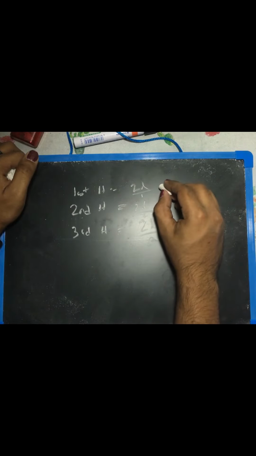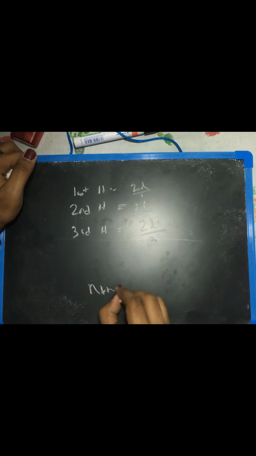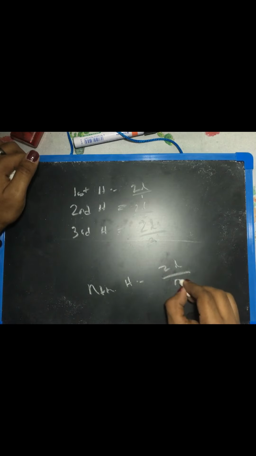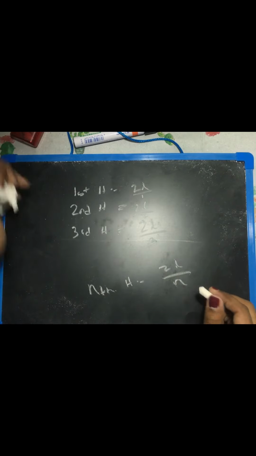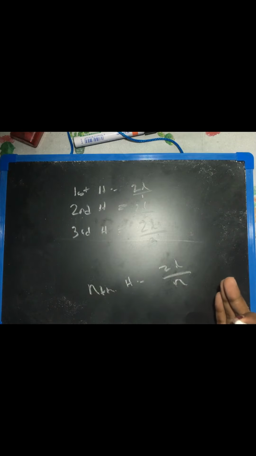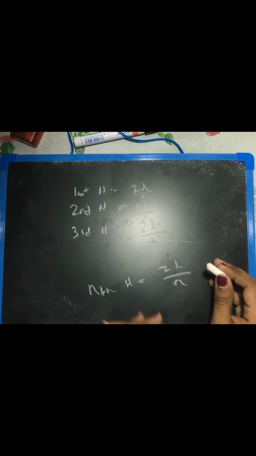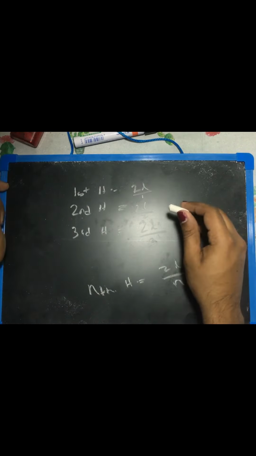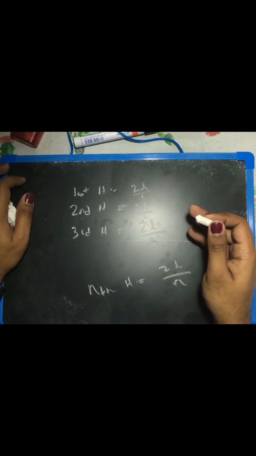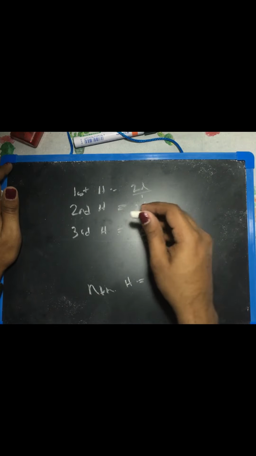So we can safely say that the nth harmonic would be 2L divided by n, right? I'm pretty certain you've seen this formula before, but you haven't actually understood how it came. It's actually our way of seeing how sequence and series works. We came up with this formula just by noticing the patterns.